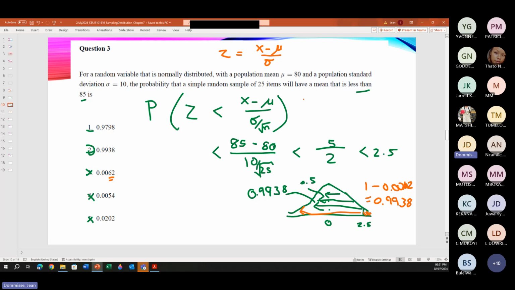And so that is how also when you do assignment 3, be on the lookout for those things where they say it's a sample, or they say it's a population, or they don't say it's a sample. So please don't assume that everything needs to be around the sample.